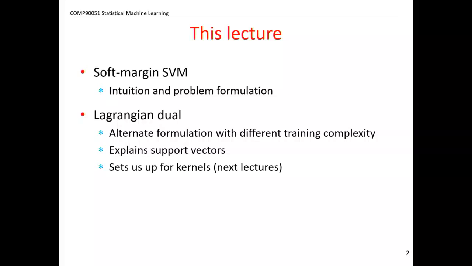So in the primal program, we're going to be optimizing with respect to W, and how many W's are there? It's the number of features. So it's going to be cubic in the number of features. For high dimensional problems, that's no good. The dual program swaps the role of decision variables and constraints.